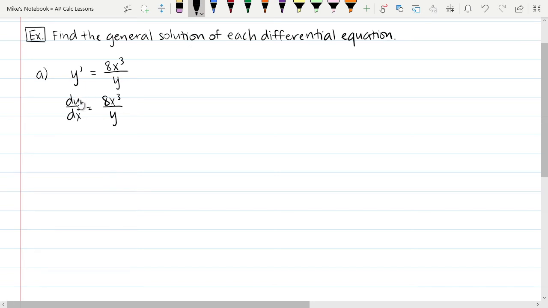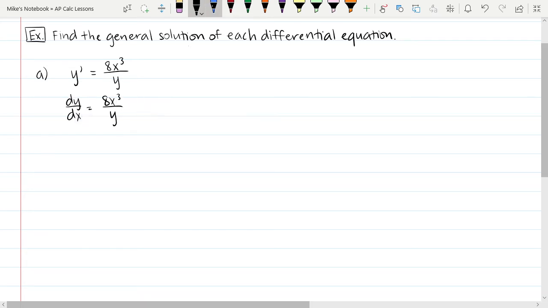So now dy dx, even though we know that that is a notation for the derivative, for our purposes here, we're going to treat this just as an actual fraction where we have the quantity dy over the quantity dx. And what that means is I want to move anything containing a y to the left side because the dy is already in the numerator, and I'm going to move everything else to the right side.